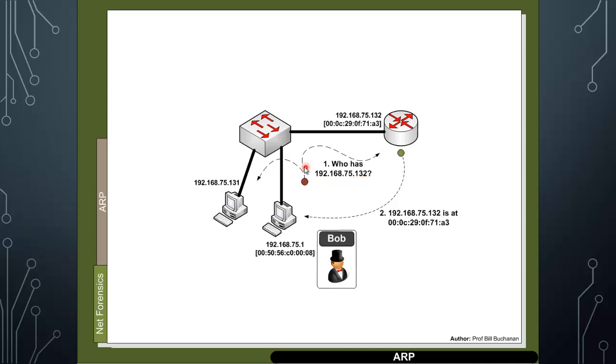So ARP sends it out and it's received by all. It's a broadcast, and we use all Fs for the MAC address for that. So it goes to all the hosts on the network, including the router port in this case. And then the machine which actually has that address will respond back with its MAC address, but only to the node that actually sent it.